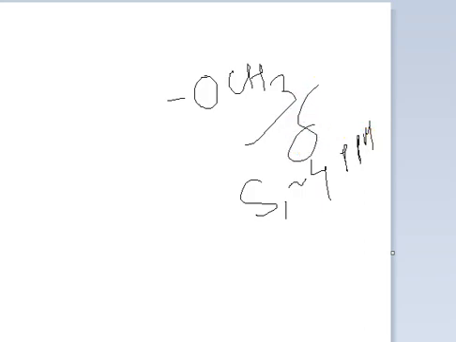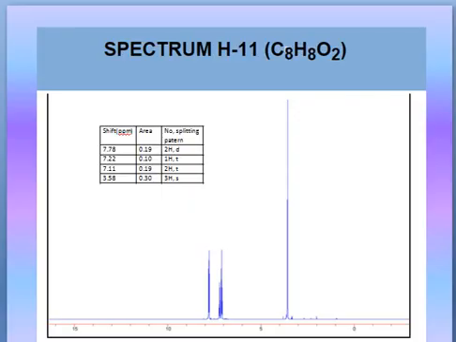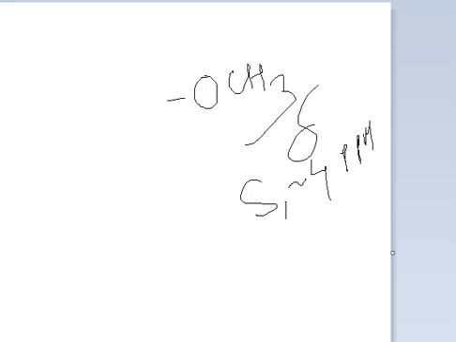Now we can see in our spectra this is 3.58, that is around 3.6 and singlet. So we got one OCH3 here.